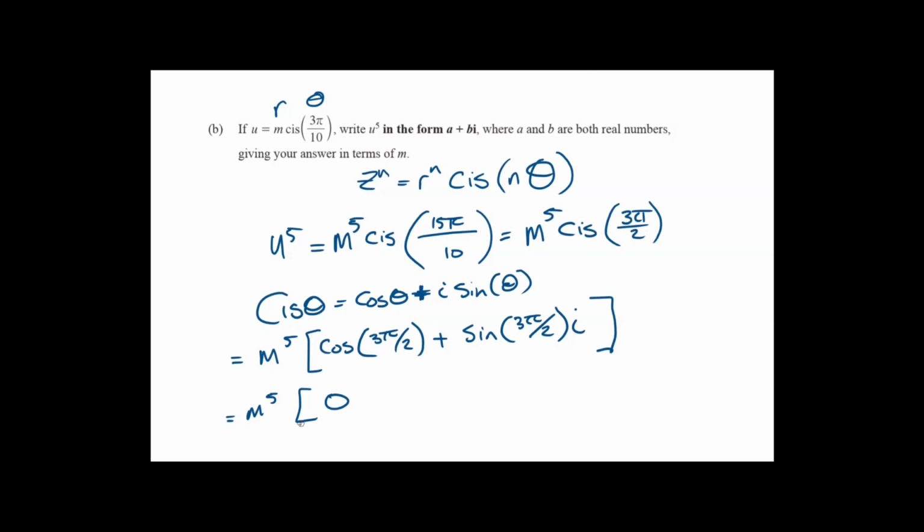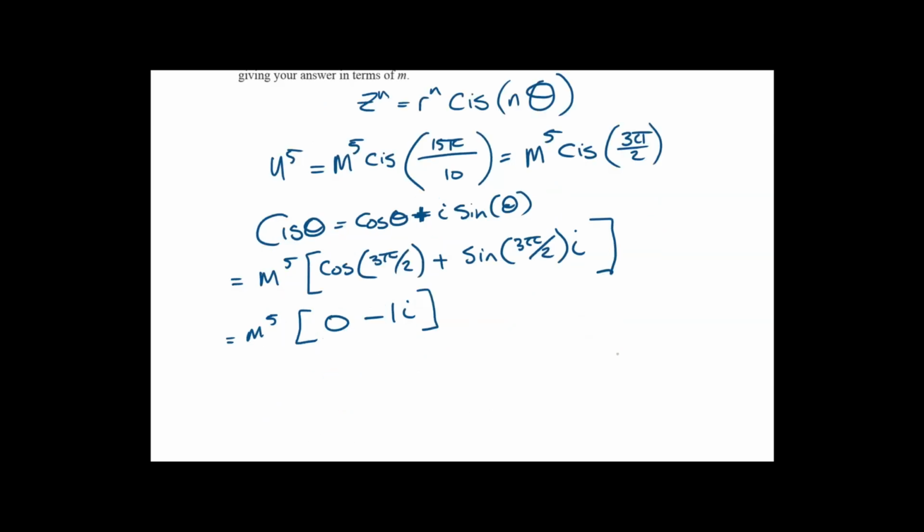Hey, good memory. -1. So we can rearrange, bring this negative sign out front. So u to the power of 5 is negative m to the power of 5 times i. Yeah. How about that? Ranging right along.